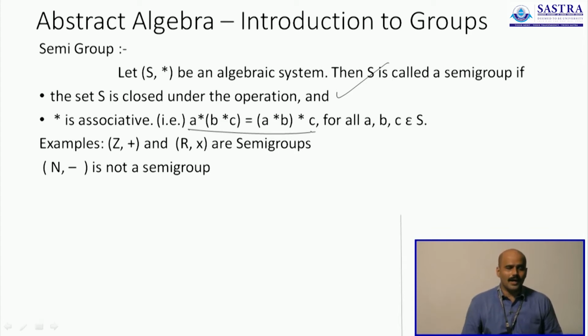Both answers should be the same, only then we call it an associative operation. When these 2 conditions are together satisfied by an algebraic system, we call it a semi group. Semi group as in half of a group. We will quickly learn what the other 2 conditions are, but for now you can stick to these 2 conditions giving rise to the definition of a semi group.